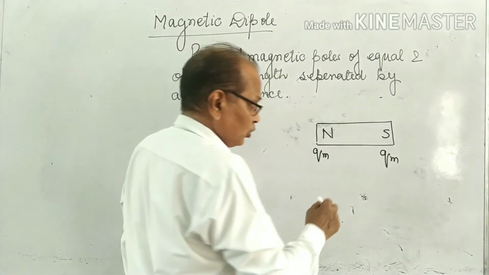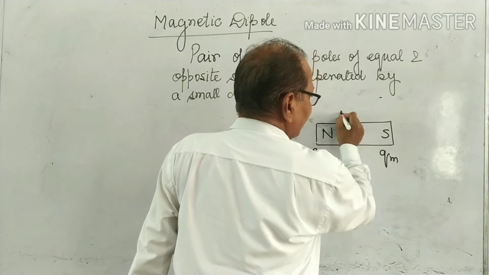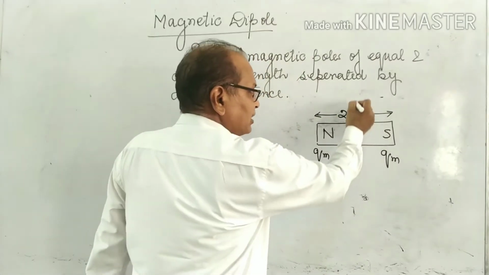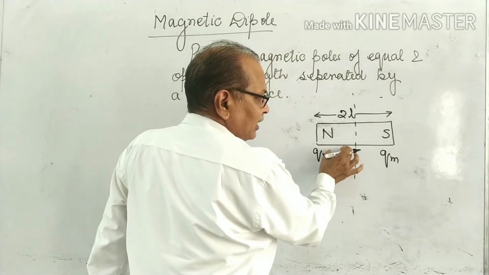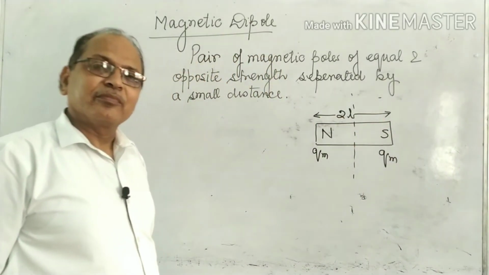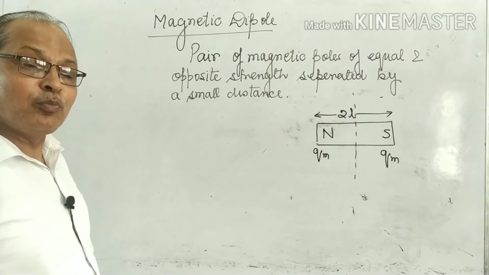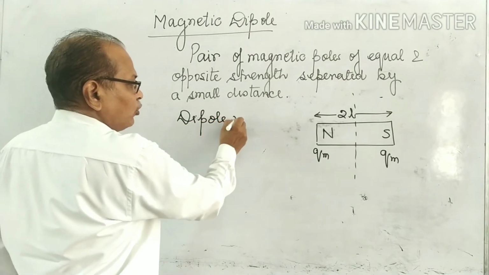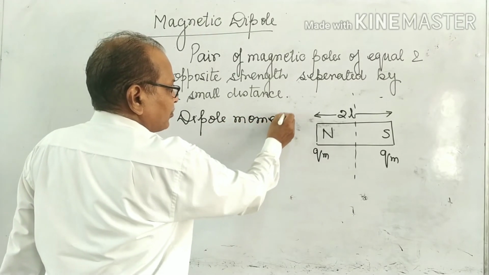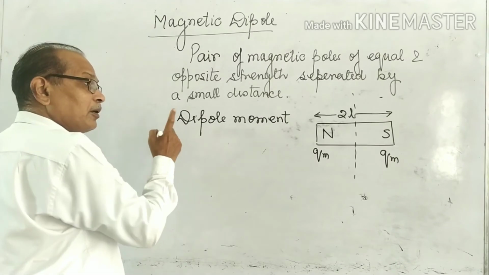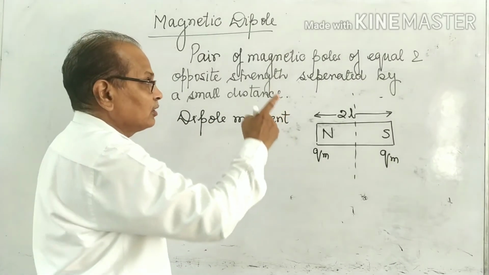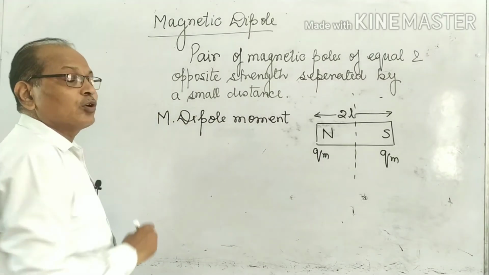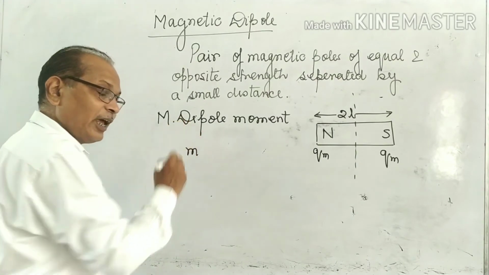Let these two magnetic poles be separated by a distance 2L, that is, from the center it is L, and this is also L. So the dipole moment, which is the dipole moment of the magnetic dipole, you can write as the magnetic dipole moment, which is represented by M.